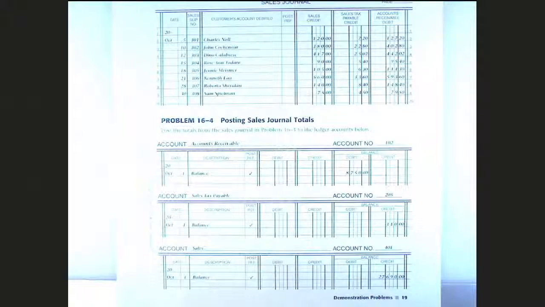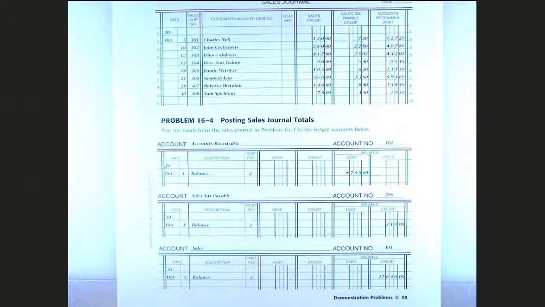So we're going to foot, which means that we're going to add up all those accounts. It'd be a good idea to add up all those accounts and put the totals down in pencil, because you're just checking to see if they're going to come out. You don't have to add them up; I've done that already for you, so I have the totals.